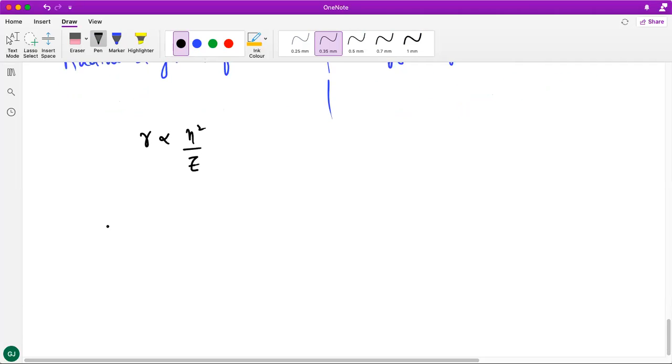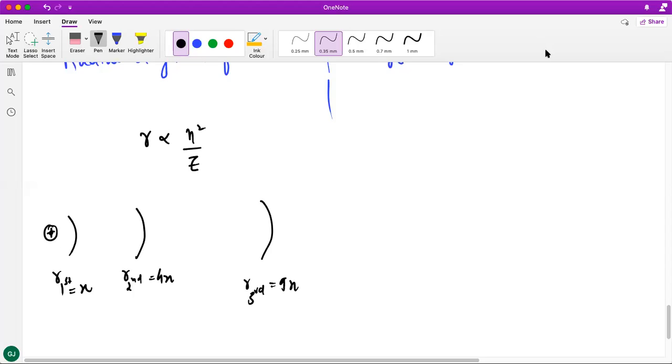Now what that meant was that let's say if this was the nucleus and this was the radius of the first orbit, if this was x, then what will be the radius of the second orbit? It will be 4x. Right? What about the radius of the third orbit? It will be 9x, and so on and so forth.